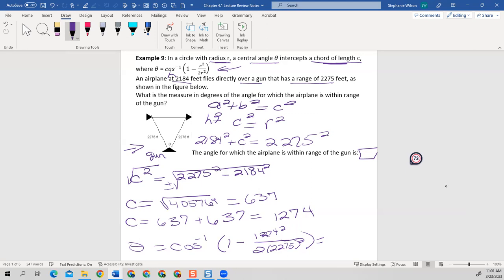Okay, it's not going to let me scroll down on the screen, so I'm going to write the best I can right here. So it gives me cosine inverse of 0.8432, which is approximately, I'll come out here and write it where you can see it better, 32.5 degrees.